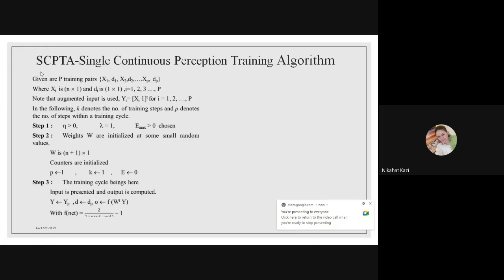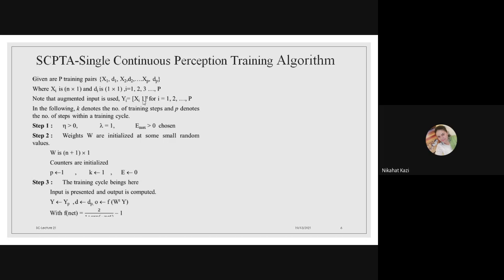Okay. So what is the algorithm? You just have your training pairs, that is your data set, which includes the input vector along with the desired output for each of the training patterns that you have. And then the first step is, before you give it to the network, you have to augment it with the additional input.